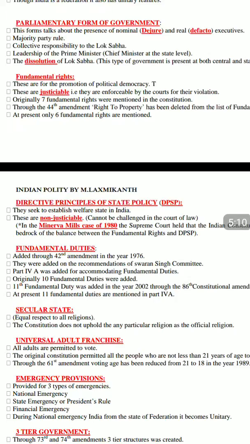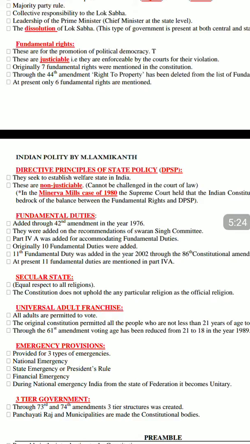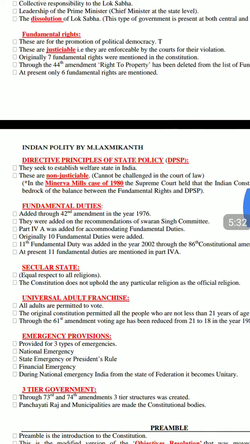So keep in mind that Part 3 of the Indian Constitution falls directly under the fundamental rights, and Part 4A falls under the fundamental duties. Originally there were 10 fundamental duties, but an 11th fundamental duty was added in the year 2002 through the 86th constitutional amendment. At present, there are 11 fundamental duties as mentioned in Part 4A.